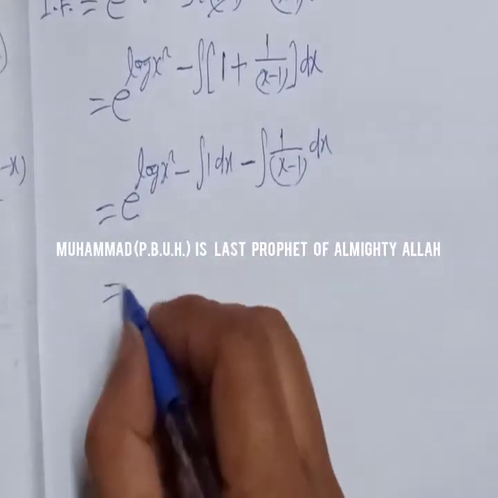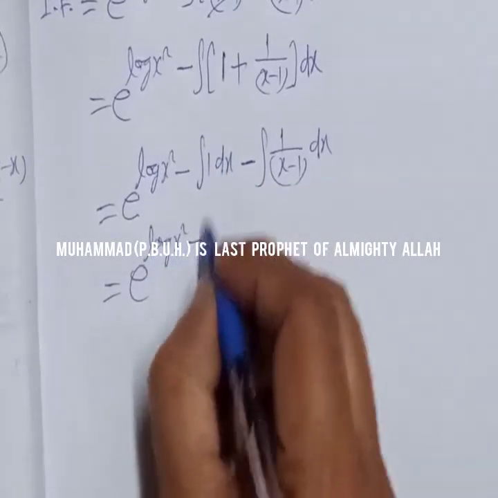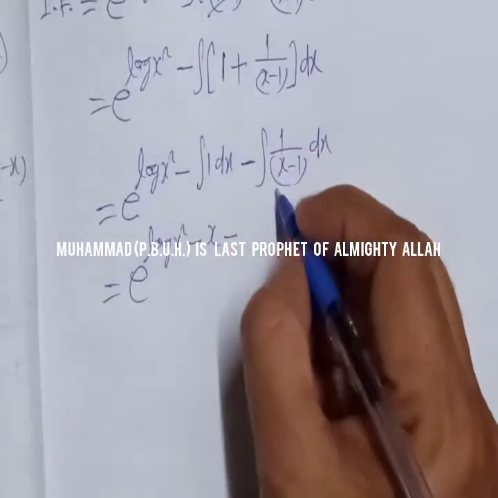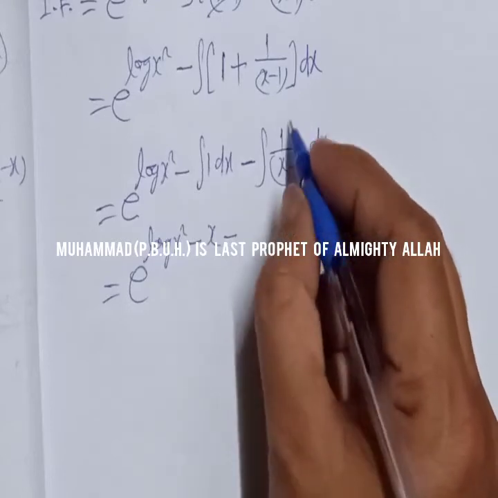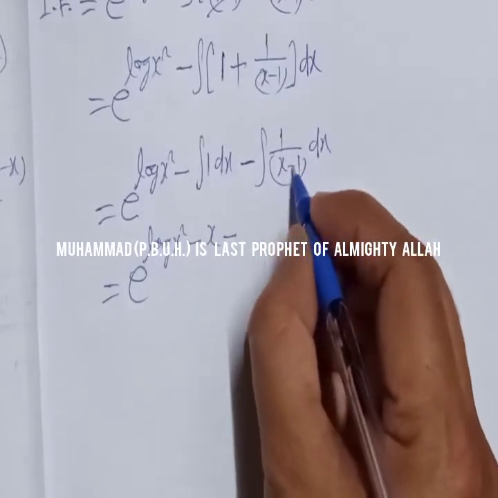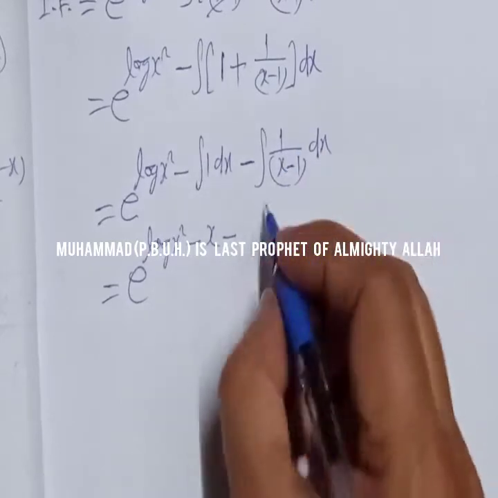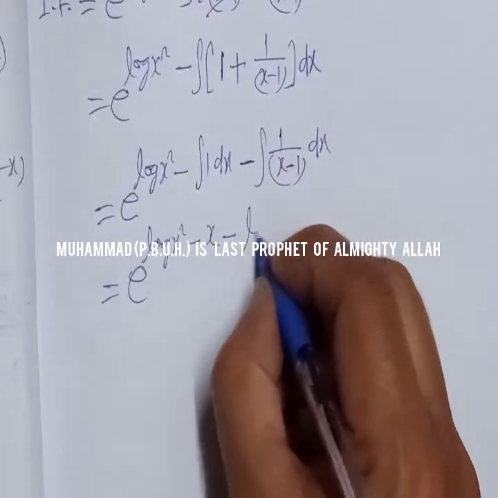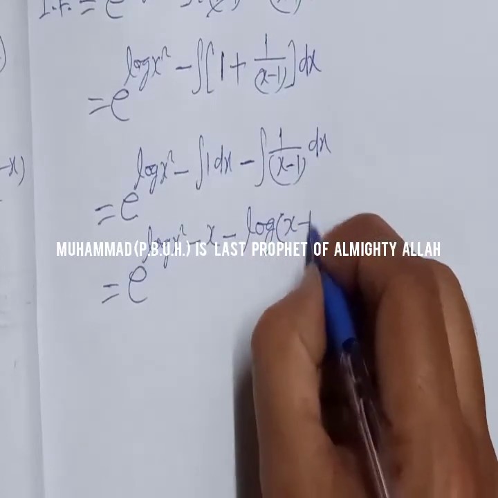We know that the integration of 1 is x with respect to x, and we can also apply the formula that the integration of 1 upon x is log x. Because the constant is subtracted here, minus 1, we can apply the same formula: the integration of 1 upon x is log x, but here it is not x but x minus 1.